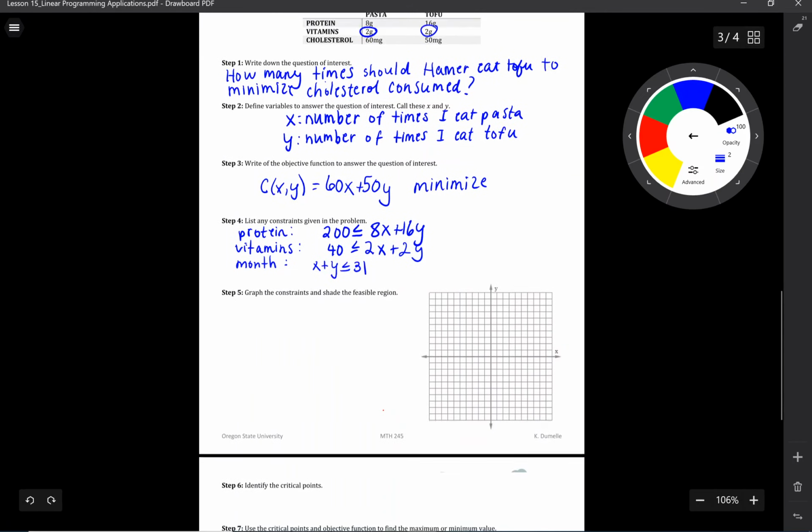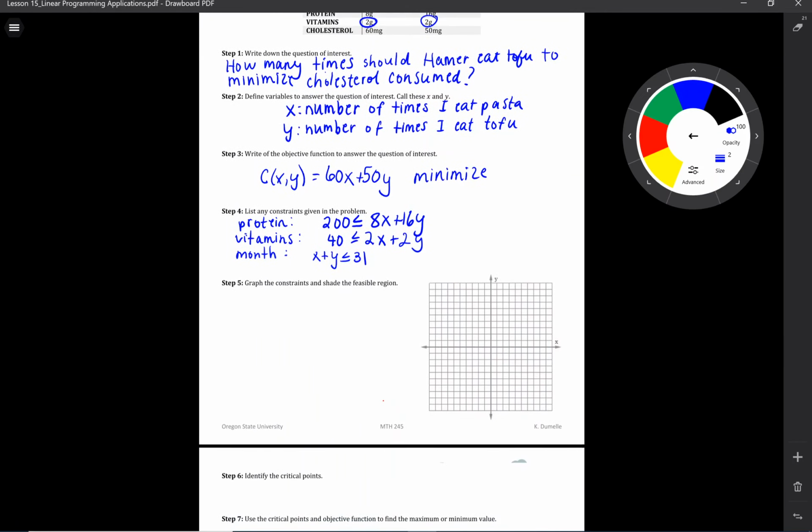All right. Now I want to graph my constraints and shade the feasible region. Well, I can do that. So let's graph my protein first. I have 200 less than or equal to 8x plus 16y. To solve for y, I'm first going to subtract 8x from both sides, which gives me negative 8x plus 200 less than or equal to 16y.